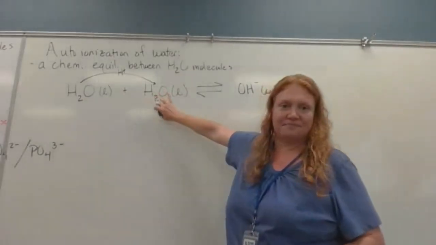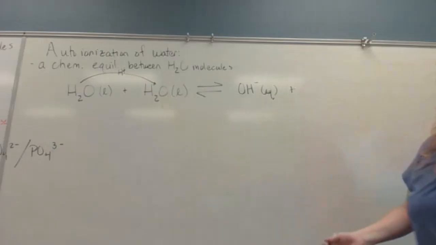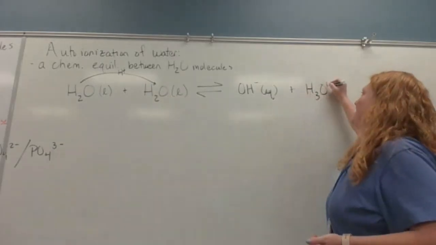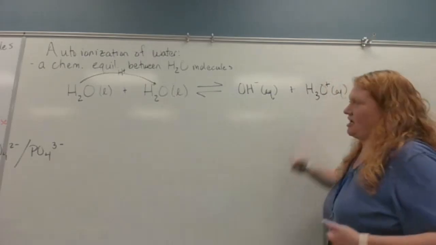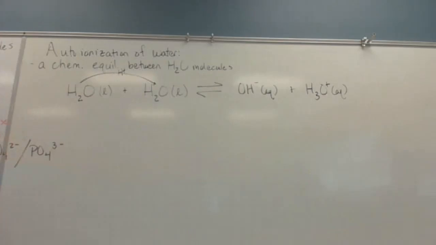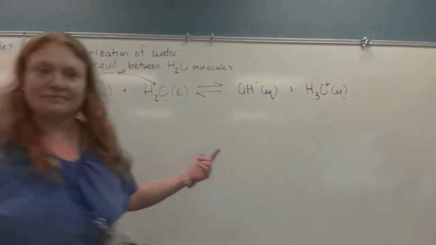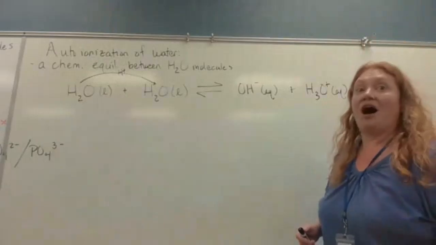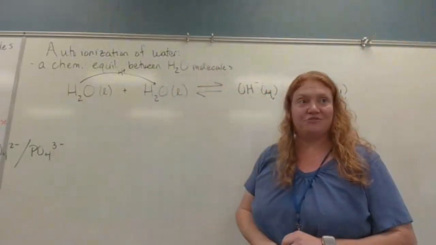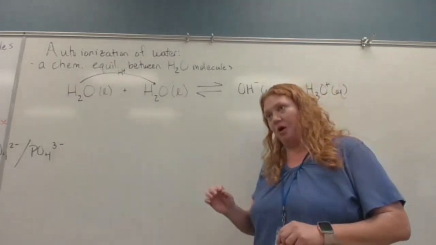What else do I form? Water accepts. It forms what? Hydronium ion, H3O plus. Yes, guys, this is happening all the time in water. But not to a high degree, not to a high percentage. It's actually very small.